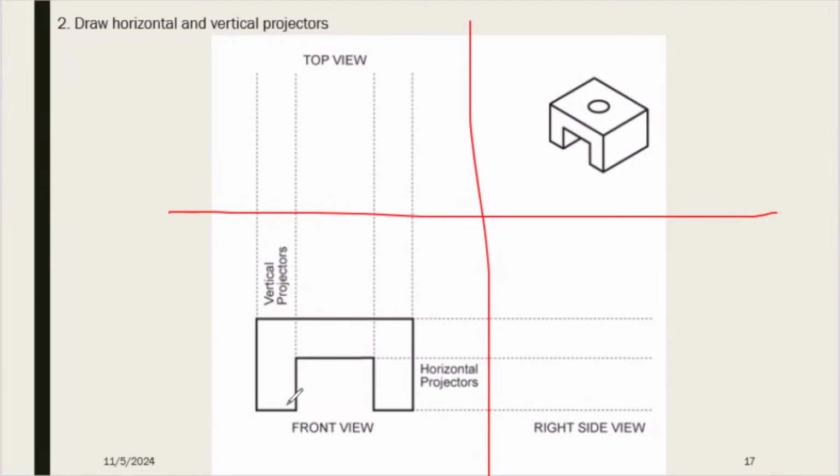Okay, so once you draw the front view, what you have to do is you have to draw horizontal and vertical projectors.